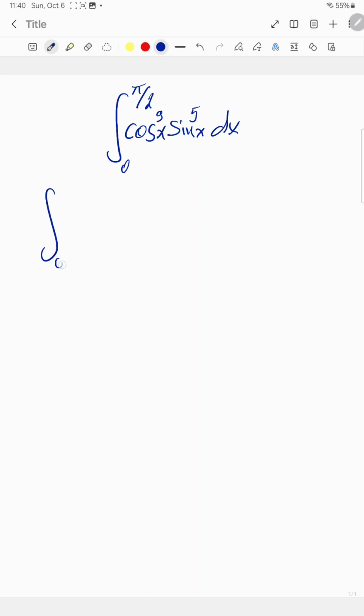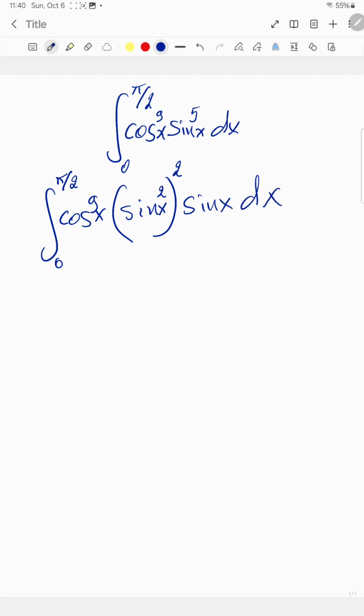So it will become the integral from 0 to pi over 2 of cos to the power of 9 x, sine squared x to the power of 2, times sine x dx. It's the same thing. Sine squared and all that to the power of 2 is to the power of 4, multiplied by sine x is sine to the power of 5.